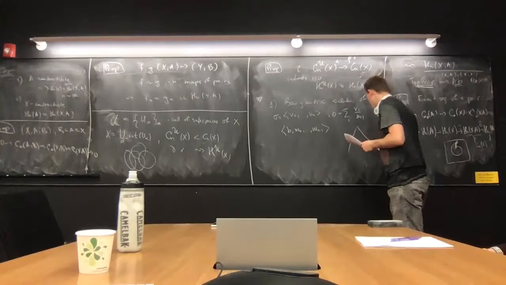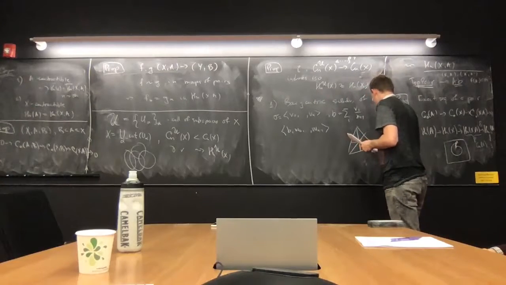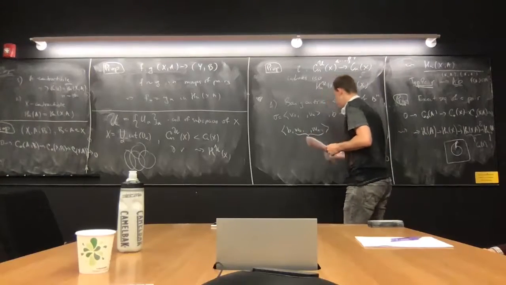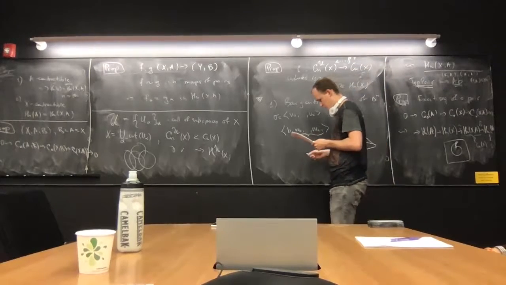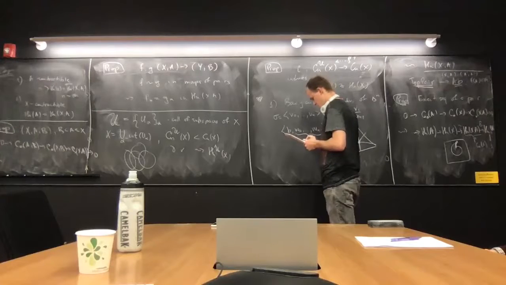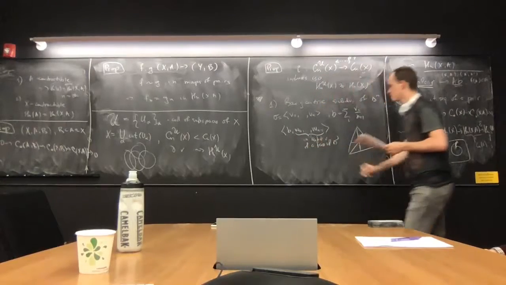So let me draw. Where this is iteratively defined as the barycentric subdivision of a face of sigma.